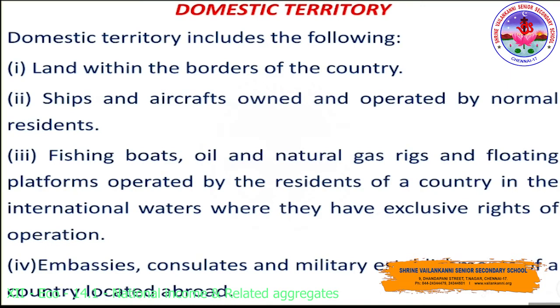In layman's language, domestic territory means the political frontiers of a country. The domestic territory includes land within the border of the country, ships and aircraft owned and operated by the normal residents, fishing boats, oil and natural gas rigs and floating platforms operated by the residents of a country in the international water where they have exclusive rights of operation.